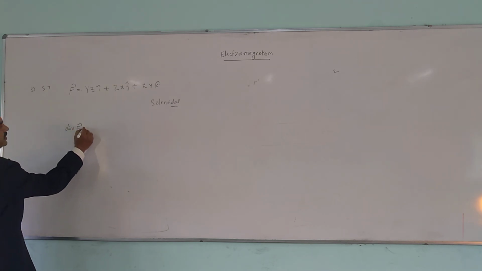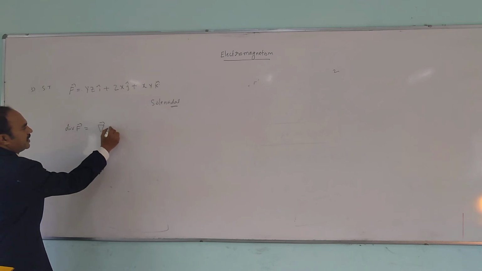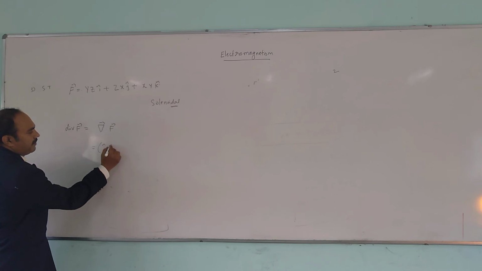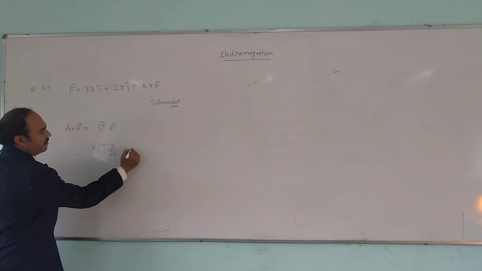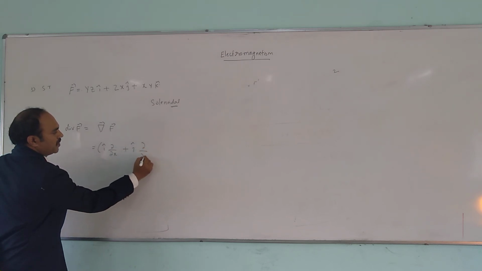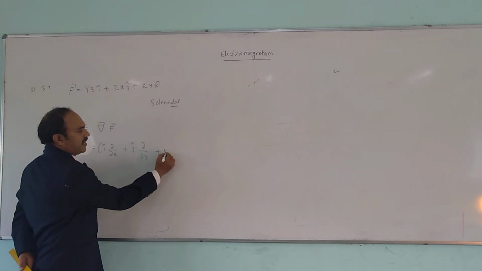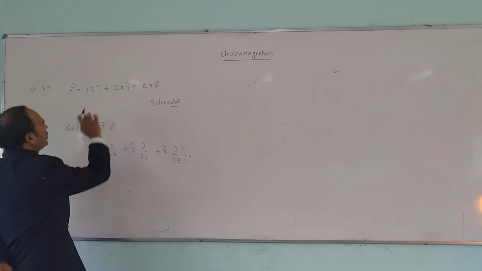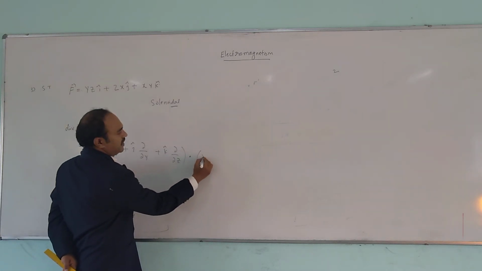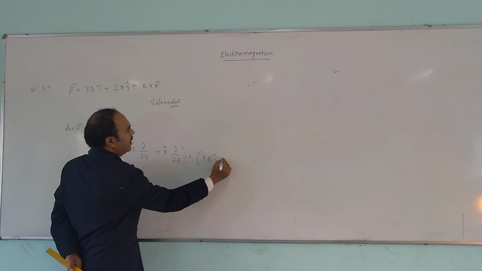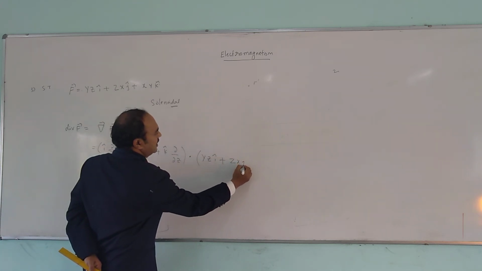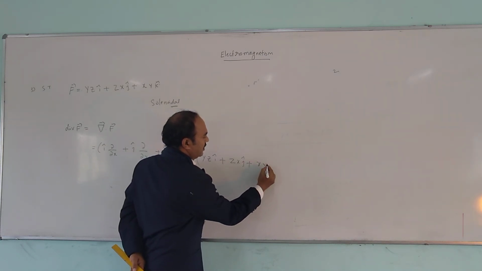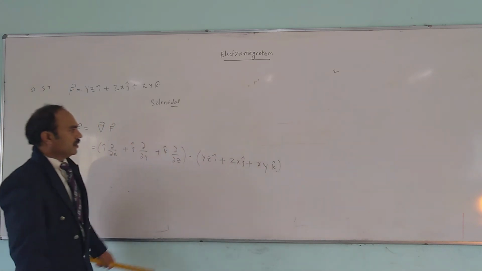Divergence of function f is del dotted with f. What is del? We already know: i cap into dou by dou x plus j cap into dou by dou y plus k cap into dou by dou z, dotted with the function, written as it is: yz into i cap plus zx into j cap plus xy into k cap.